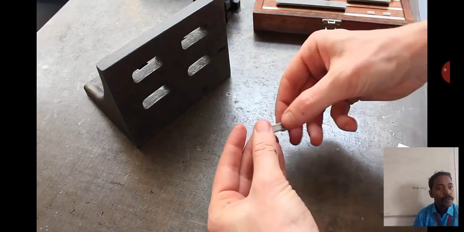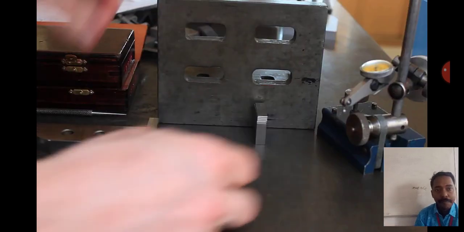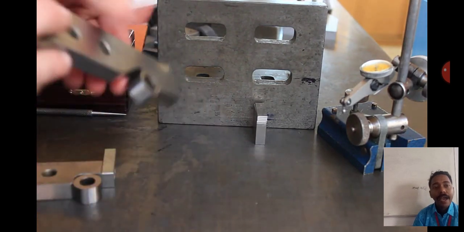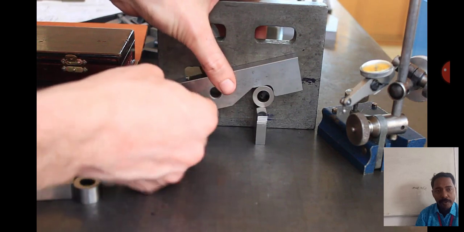Otherwise oxidation reactions and also corrosion will occur. To avoid corrosion and oxidation, you have to maintain a proper air conditioned room. That's also very important. So the first point is the surface table, which is very important, and also a proper air conditioned room.